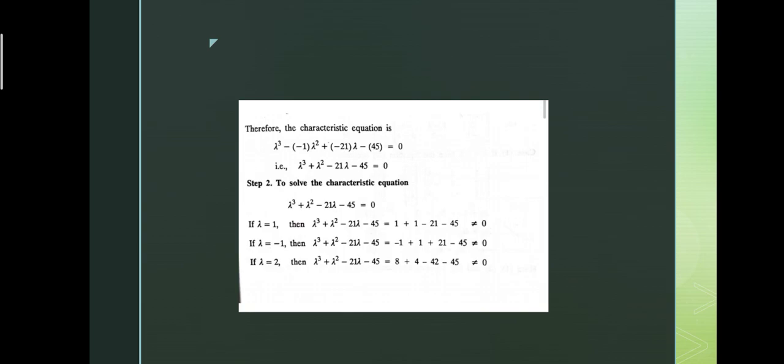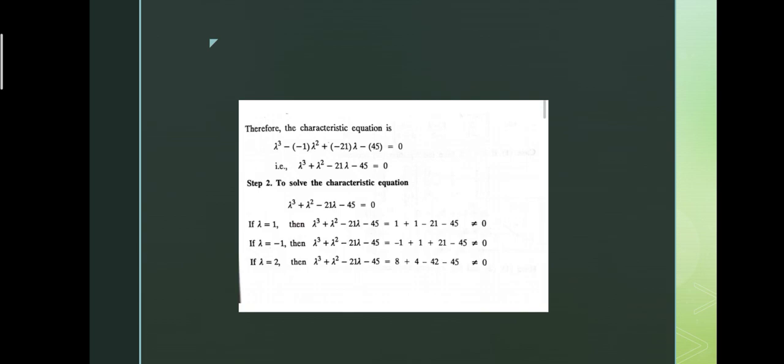Therefore the characteristic equation is λ³ - s1 λ² + s2 λ - s3 = 0. Substituting the values we found before: λ³ - (-1) λ² + (-21) λ - 45 = 0. Then the equation is λ³ + λ² - 21λ - 45 = 0.